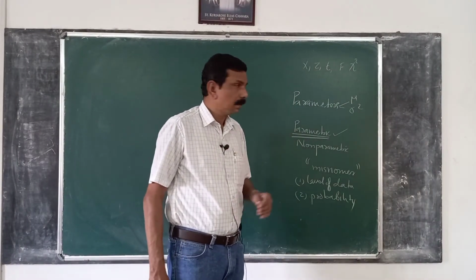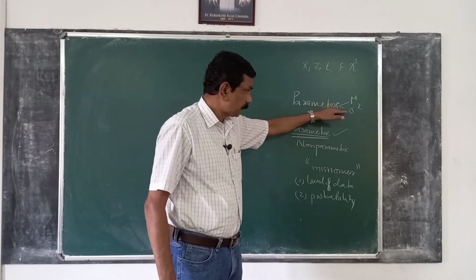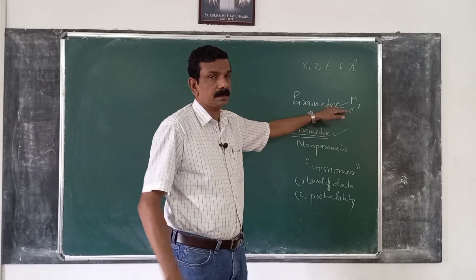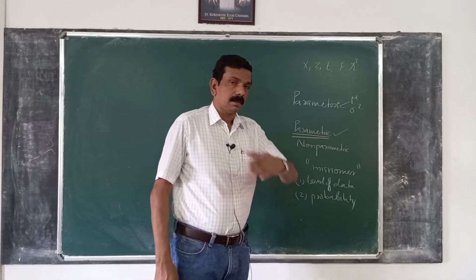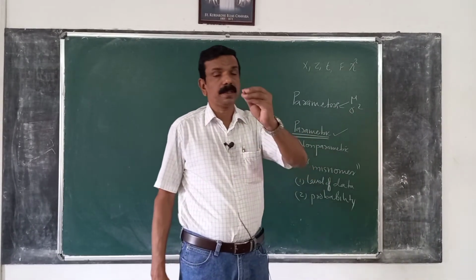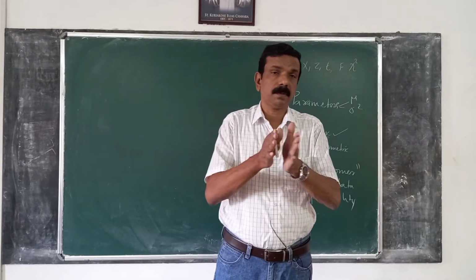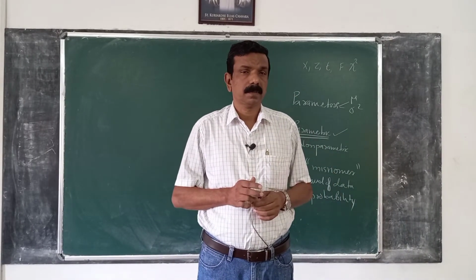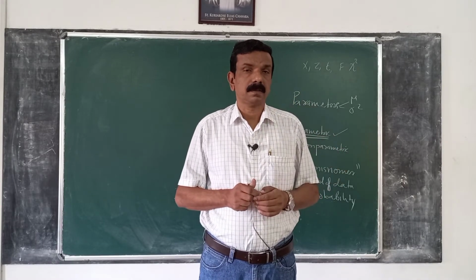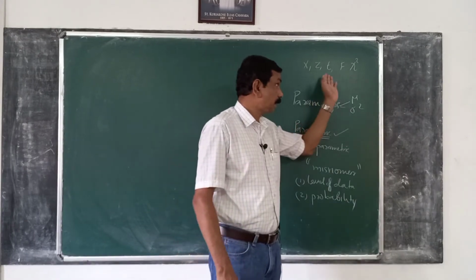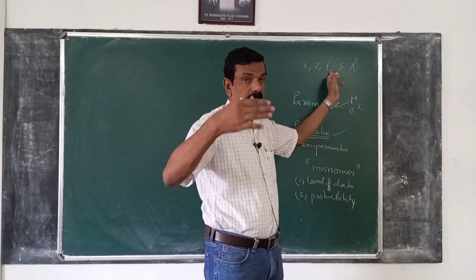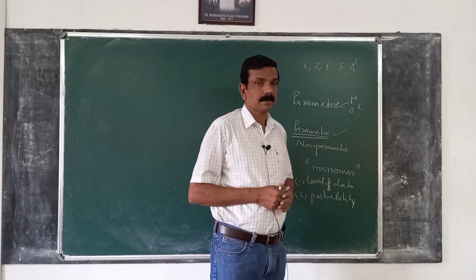Remember this, parametric procedures, as the name implies, are based on parameters. Actually, parametric procedures have two interpretations. One, it is based on population parameters, like testing the significance of a mean when population standard deviation is known, is a z test, t when it is unknown, that we have studied.